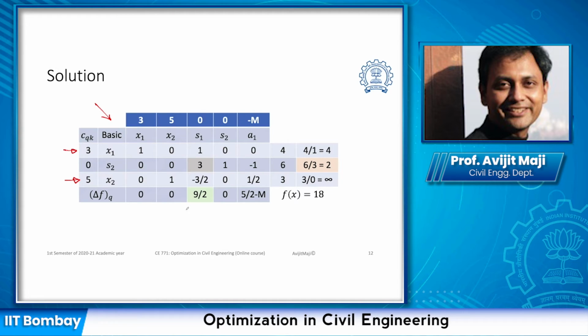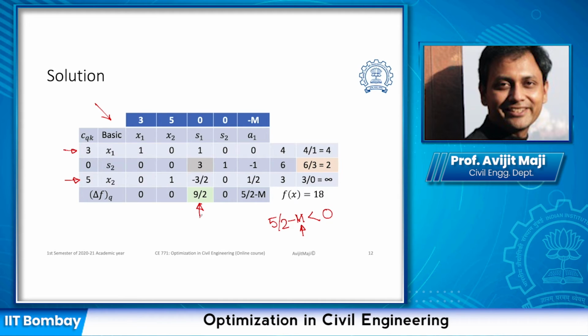At this point, once we estimate the del fq, we find that S1, a non-basic variable, has the highest value. Now when we estimate it for A1, we see that the value is 5 by 2 minus m, and m being a very big number, eventually this is going to be less than 0, which means this is a negative number and this is positive.